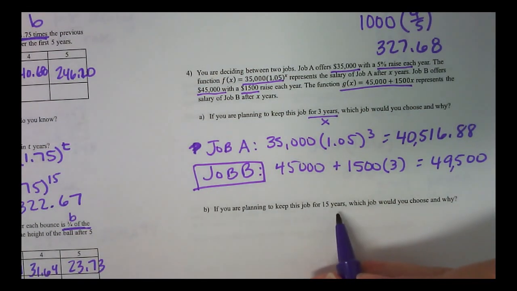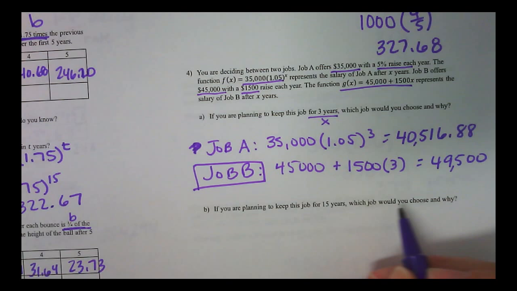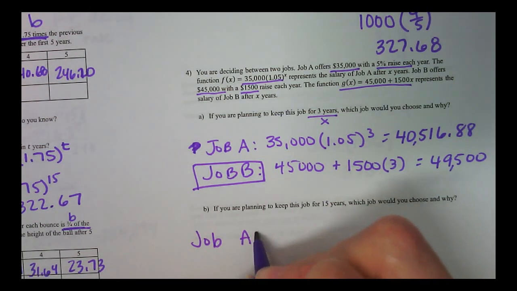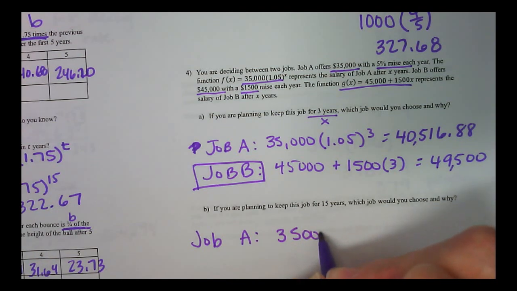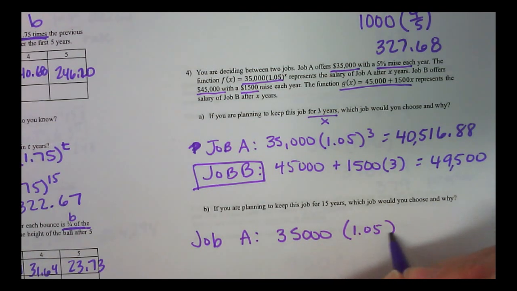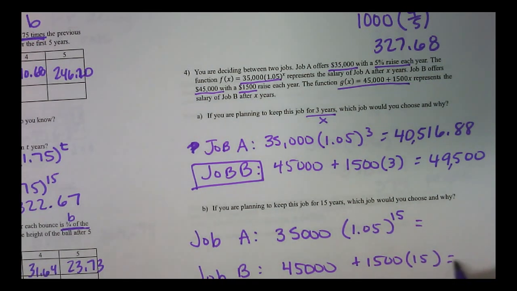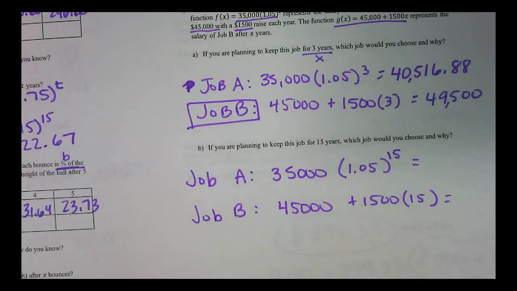Okay, if we were planning to keep the job for 15 years, which job would you choose and why? So now we got to try again, and we're going to plug in job A. And we're going to plug in job B. We have to do these in our calculators, right? So we follow our order of operations.